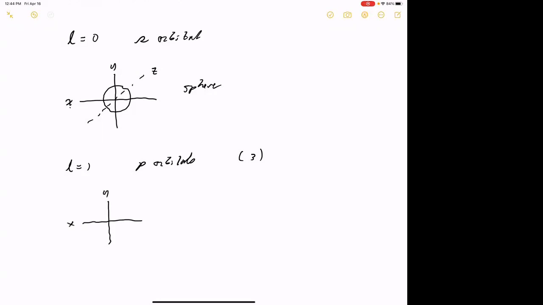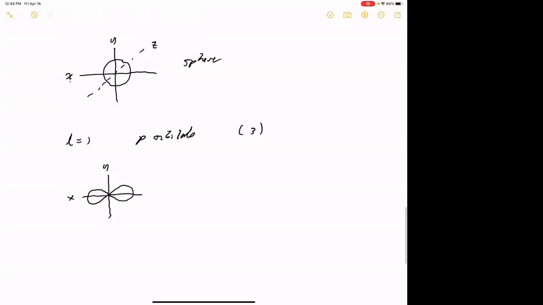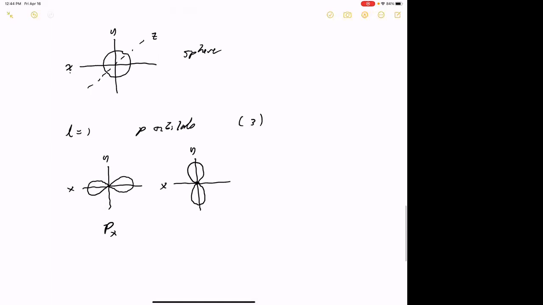I can have a situation where a p orbital radiates 2 lobes along the x-axis like this. So it kind of looks like a dumbbell. I would call that a p sub x orbital because it radiates out along the x-axis. And you can kind of see what the options would be. I could have an x and I could have a y. So I could have another set that looks the same way, but now radiating along the y-axis. I'd call that a p sub y.